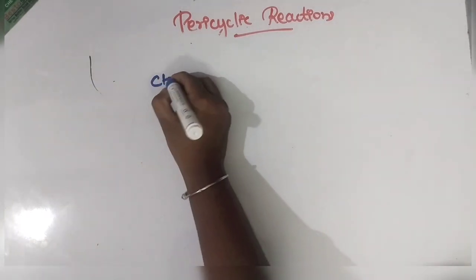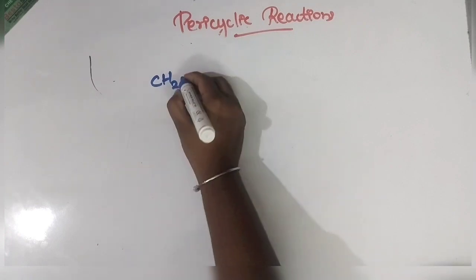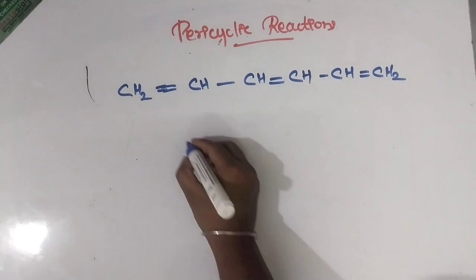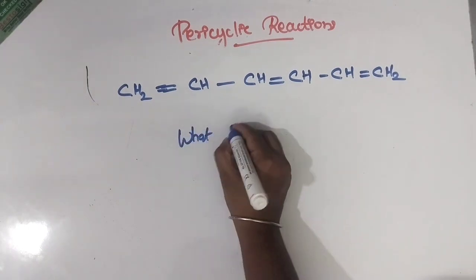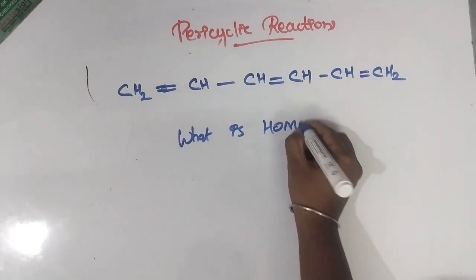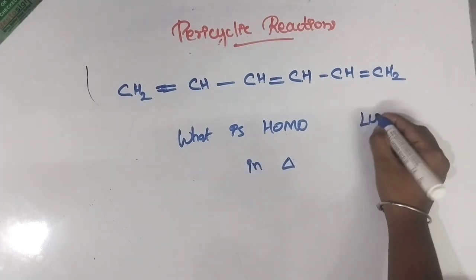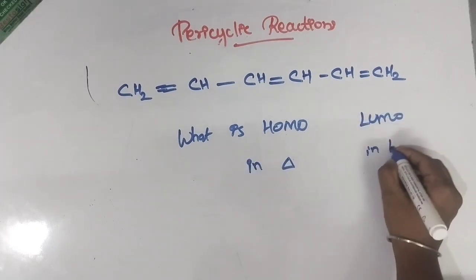Now, I will give you a compound, but I am not going to say the answer. You are going to post it in the comment section, okay? Hexatriene, 1,3,5 hexatriene. For this 1,3,5 hexatriene, what is the HOMO in thermal condition and what is the LUMO in photochemical condition?